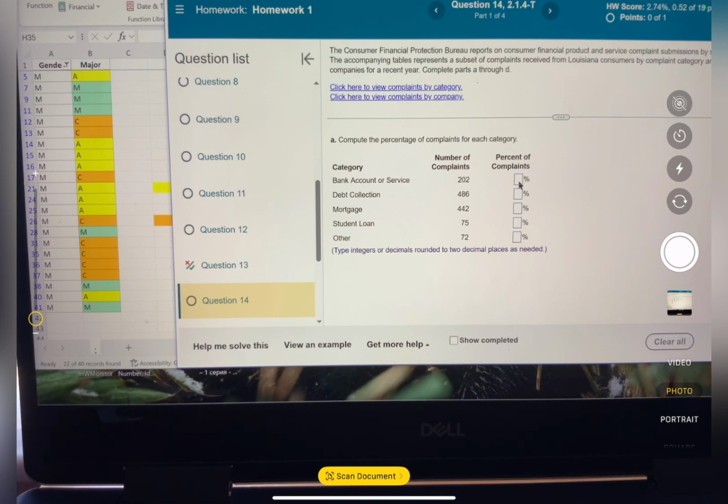Percent of complaints. We need to find what percent of complaints are about Bank of America, debt collection, and so on.